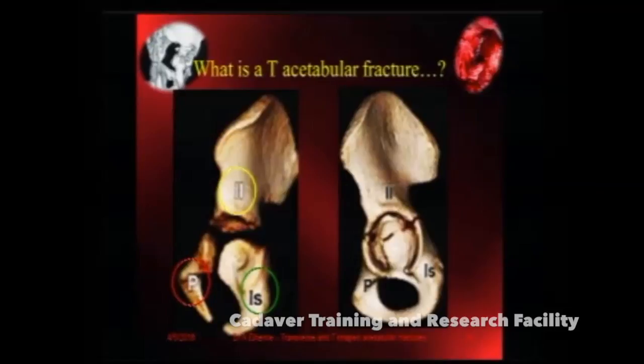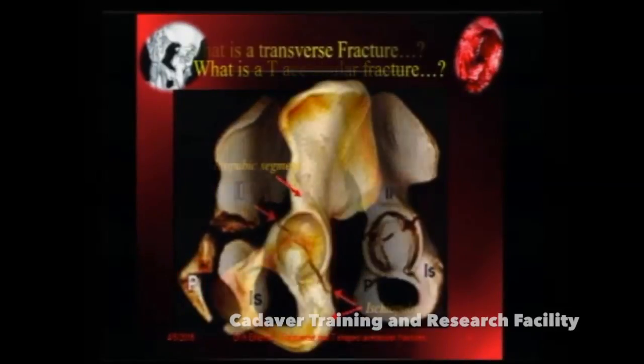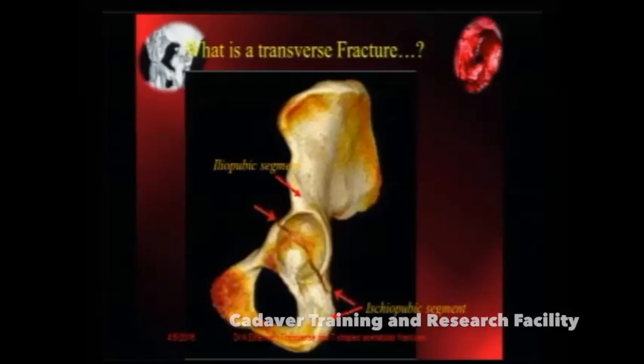This essentially means that if you reduce a transverse fracture from behind, and there are three types of transverse fractures, it can be reduced from front or it can be reduced from behind. But what you do here is going to be transmitted to the opposite fragment. But what you do to the T fracture posteriorly will not get translated to the anterior fracture, and what you do anteriorly to the anterior pubic fragment will not get translated to the posterior fragment. And that is the reason why T fractures have the worst prognosis in terms of perfect anatomical reductions.